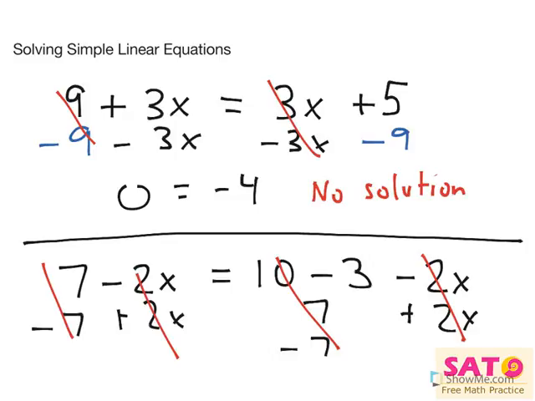Collectively, if everything cancels out, we have 0 equals 0. 0 equals 0 just means that everything equals each other, which is another way of saying all real solutions. So for here, it's the exact opposite. It would be all real solutions. So we have all real solutions and no solutions. No solution means that they don't equal, and all real solutions mean that they equal.